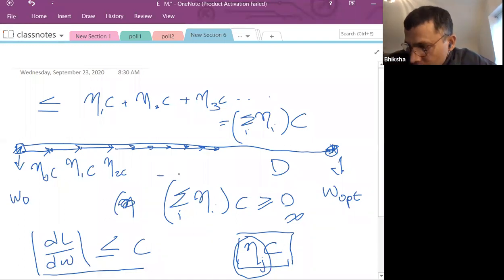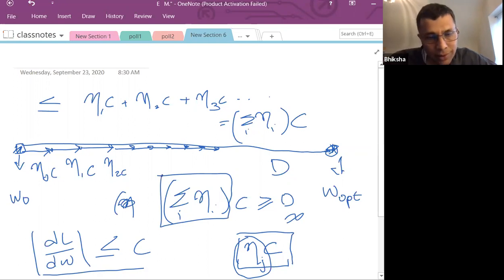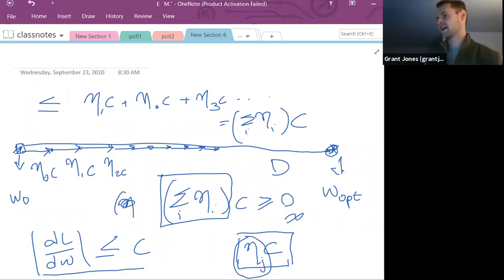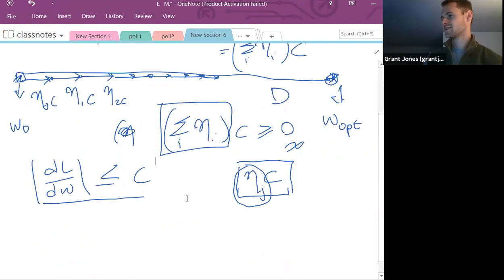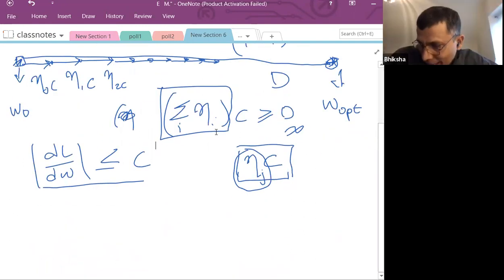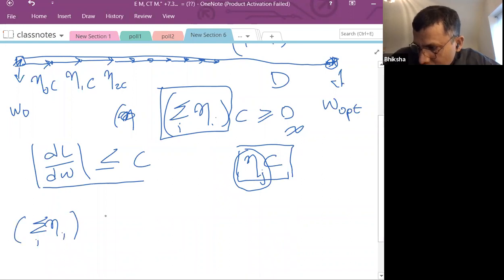So now what can you tell me about the property of this guy? What must this satisfy? It should be at least equal to D. No, we've just said that the summation of eta i should be greater than or equal to D over C, correct?